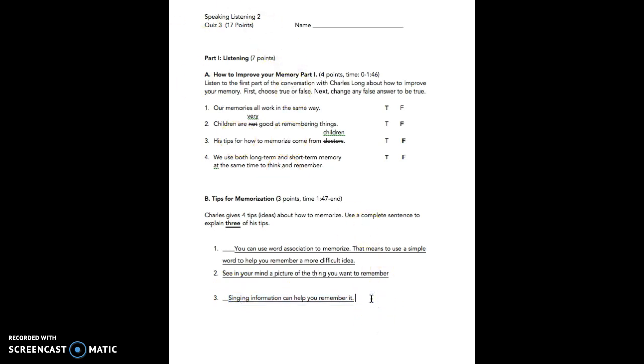He's talking about how to memorize anything, right? So you could sing your vocabulary words. You could sing information from a book. But if you put it into music, it can help you remember. All right. So you only had to write 3 tips, but let's listen to the 4th one.